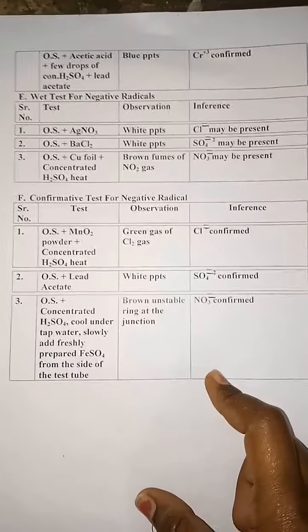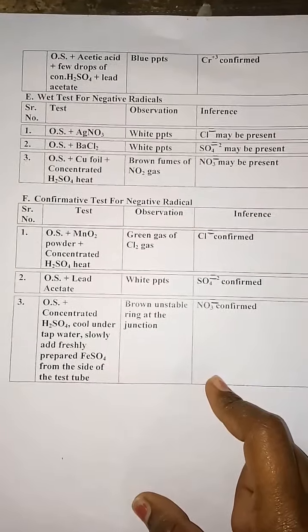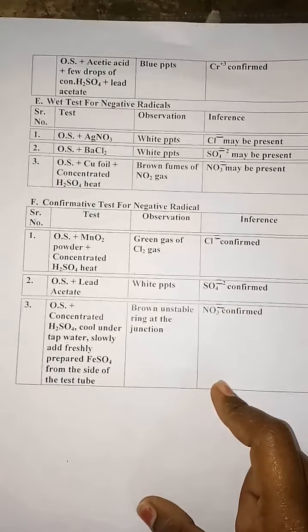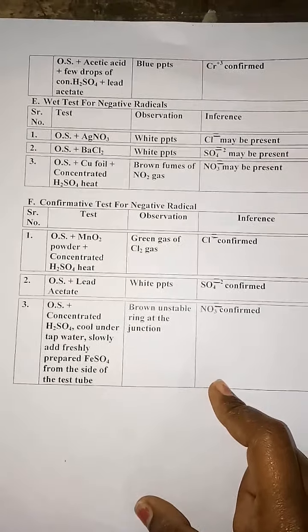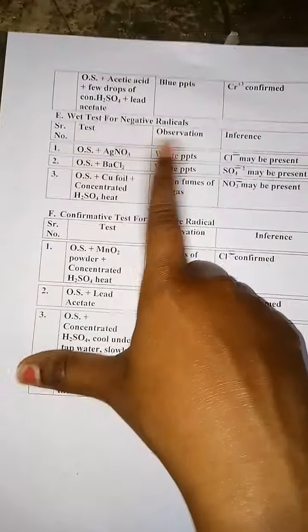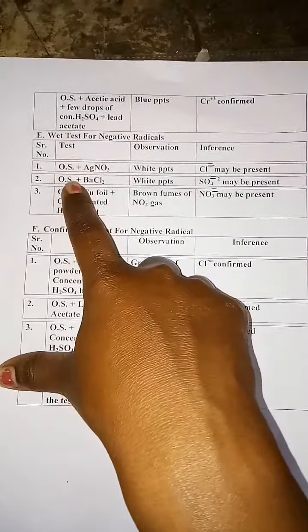So after getting the positive radical, we have to find the negative radical. For that, first of all we start with the wet test for negative radical. The first test is OS plus AgNO3. If you get white precipitates, it means Cl- may be present. So now we take a small amount of OS in a test tube.